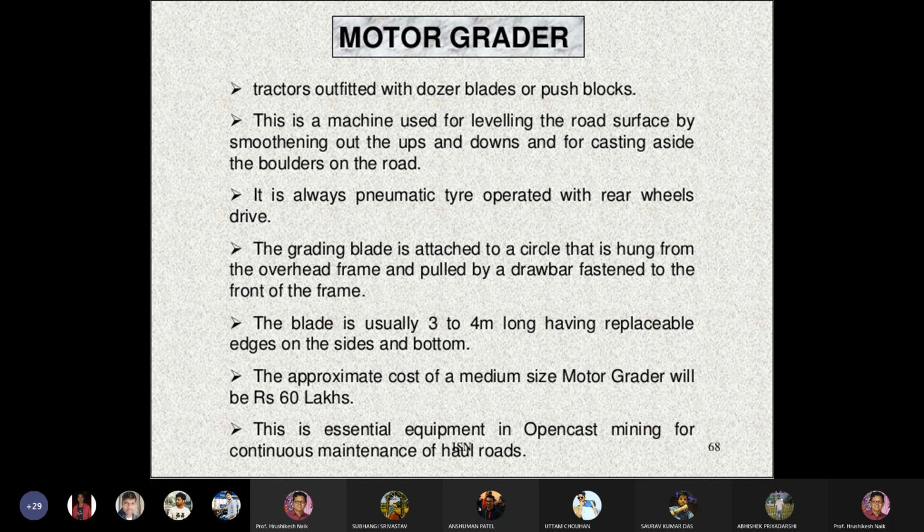The blade is usually 3 to 4 meter long, having replaceable edges on the sides and the bottom. The approximate cost of a medium-sized motor grader is rupees 60 lakhs. This is essential equipment in open cast mining for continuous maintenance of the haul roads.